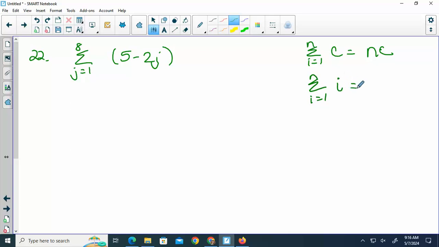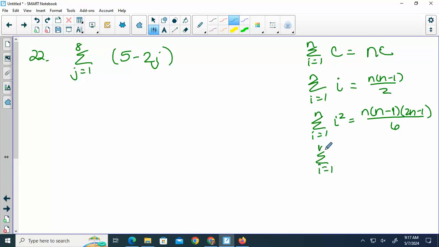If you add up something to the first, that was what? If I add up something to the second, over, if you add up i cubed, just like your i formula squared, n squared times, hold on, should be a plus. n times n plus 1.